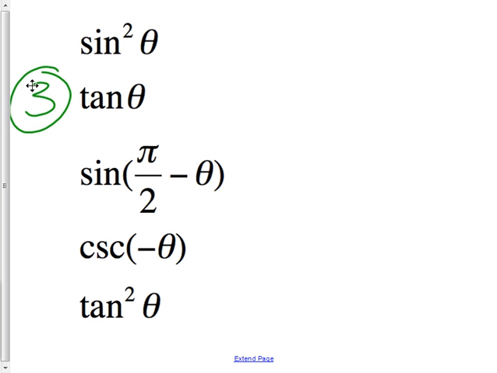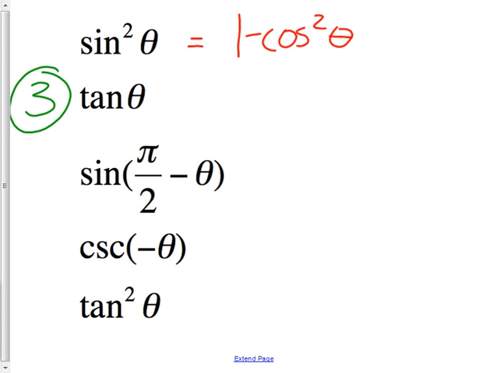Okay, has everyone had a chance to do them all? So now, we're not going to really correct them, but I want you to keep track of which ones you get right and which ones you get wrong. So, sine squared of theta is equal to... now tangent of theta, 3 of them.